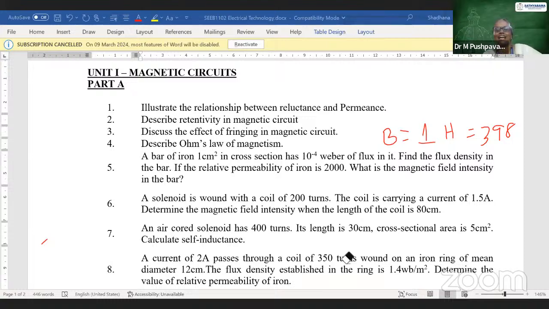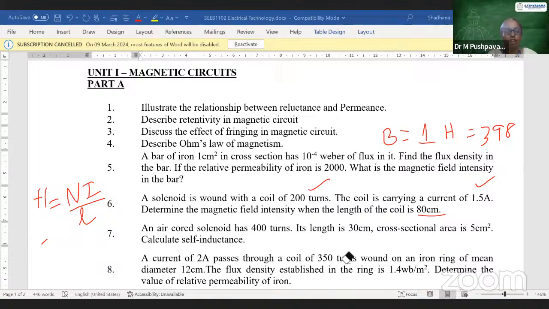I think it's a direct formula: H is equal to Ni by L. N is 200, current is 1.5, length is in centimeter. Convert into meter and find out the H value.